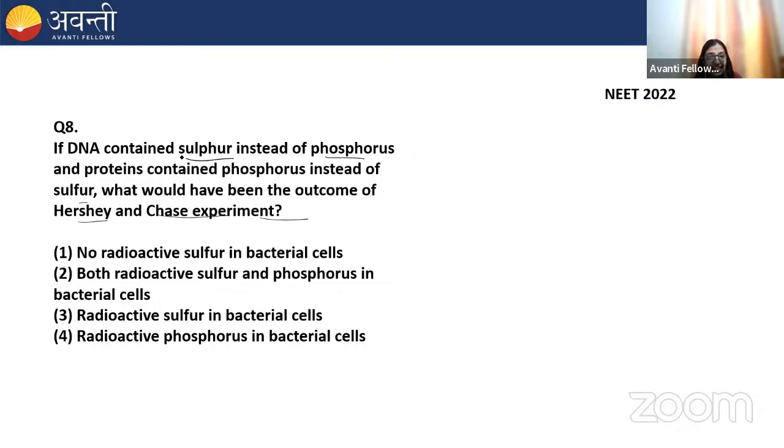They're saying if the DNA contains sulfur instead of phosphorus, so that means the DNA would be radioactively labeled with sulfur. And the protein contains phosphorus instead of sulfur, so radioactive phosphorus now will be present in protein. This was the question. Now they have reversed the situation.